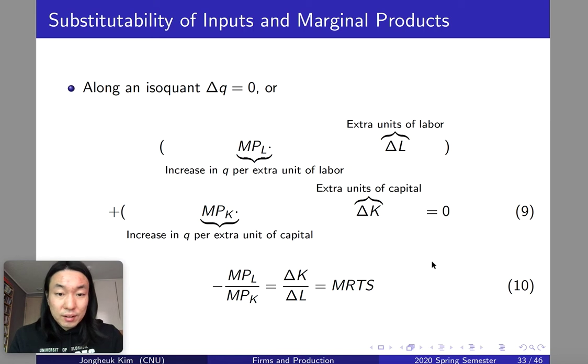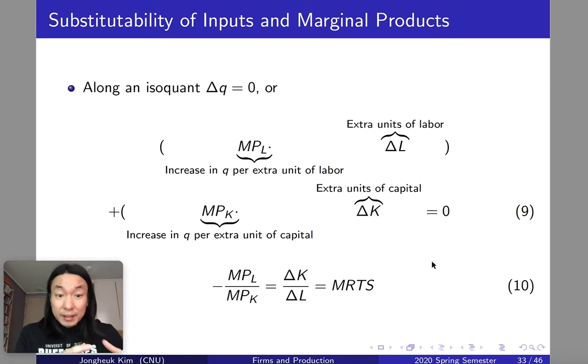Okay. So the total amount of output from the extra unit of labor is the first term of equation number 9. MPL is the marginal amount of output for an extra unit of labor, and delta L is the change in the amount of labor input. So that's the total amount of output contributed by a change of labor. We assume that is a positive number.